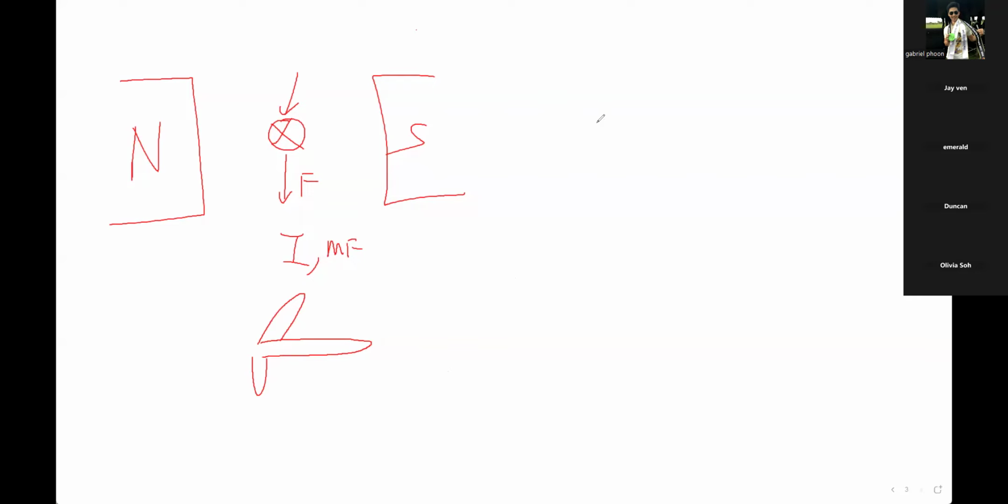So let's say right now, say my wire is being pushed into this direction. This is a cross-sectional view of the wire, guys.